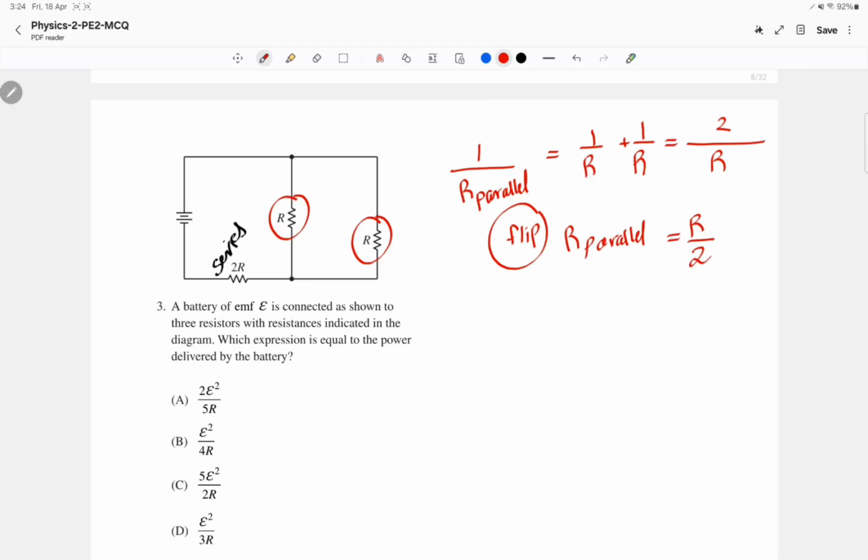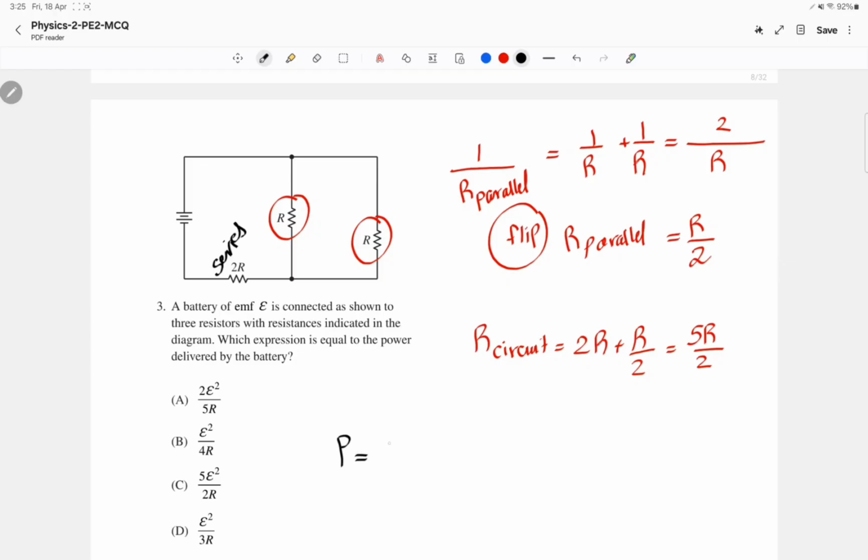And now you're going to have to add that with a series. So you're going to say R of the circuit is equal to 2R plus R over 2, which is 5R over 2. Now, if we're looking for the power, we have multiple rules to find the power.